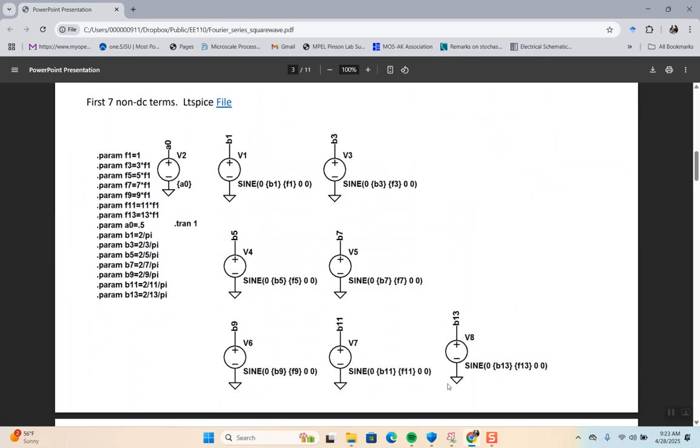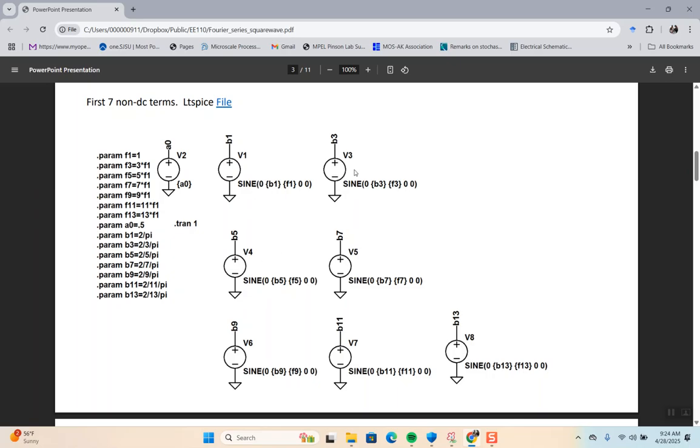So what I've done here is programmed everything. So A naught is a half, and then I have the frequencies, 1 hertz, and then 1, 3, 5, 7, 9, 11, 13, right? And then the scaling constants, 2, 2/3, 2/5, 2/7, 2/11, and 2/13.